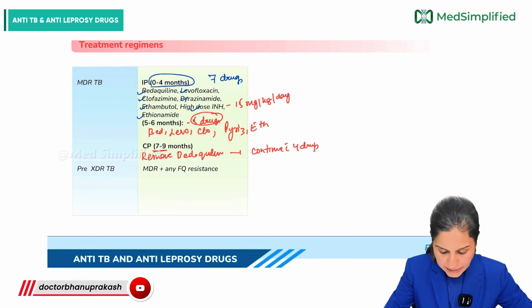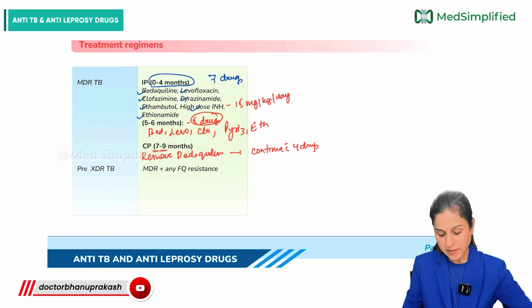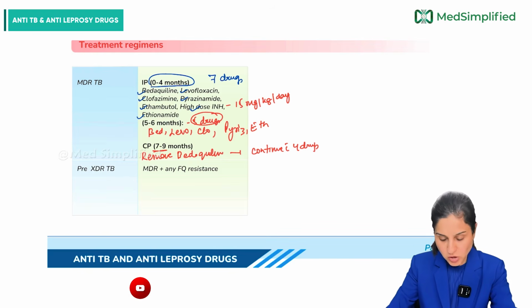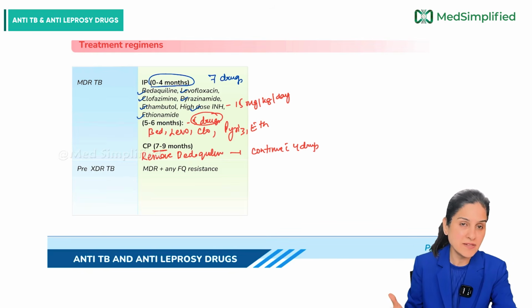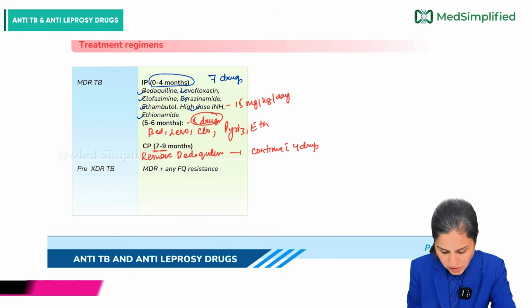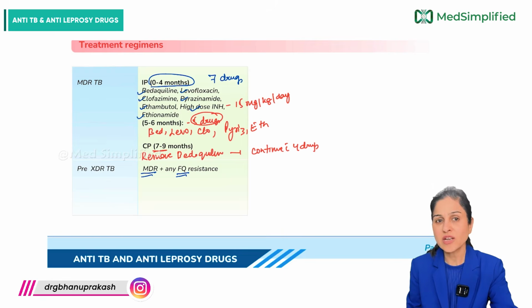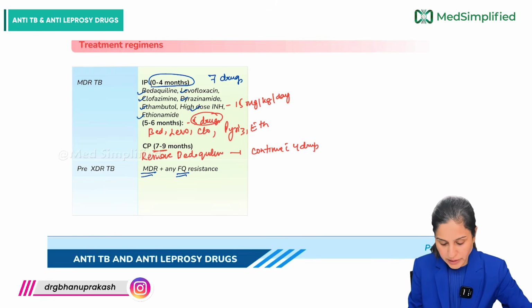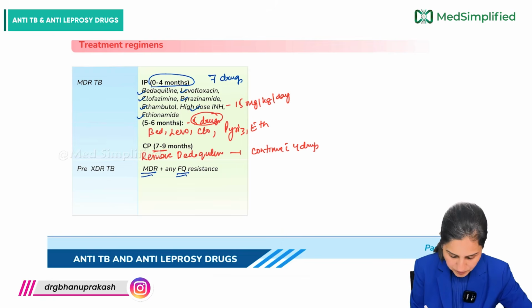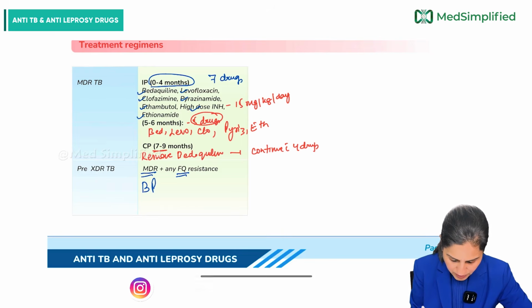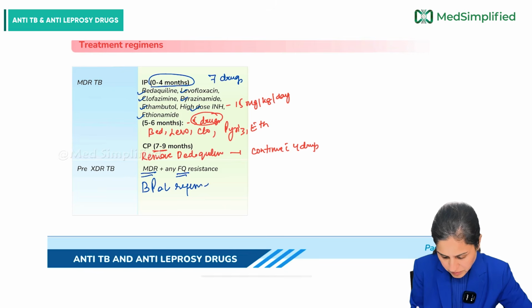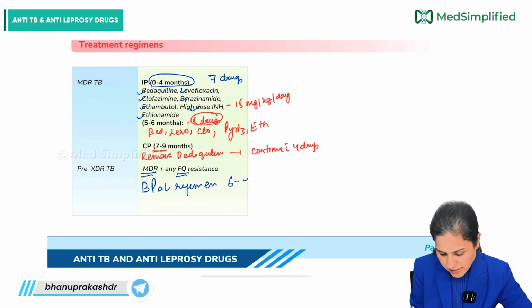Now for pre-XDR or pre-extensively drug-resistant tuberculosis. So what is pre-extensively drug-resistant tuberculosis? If there is MDR plus in addition there is resistance to any of the fluoroquinolones. So what to be done here is we have a BPaL regime, and this is for 6 to 9 months.